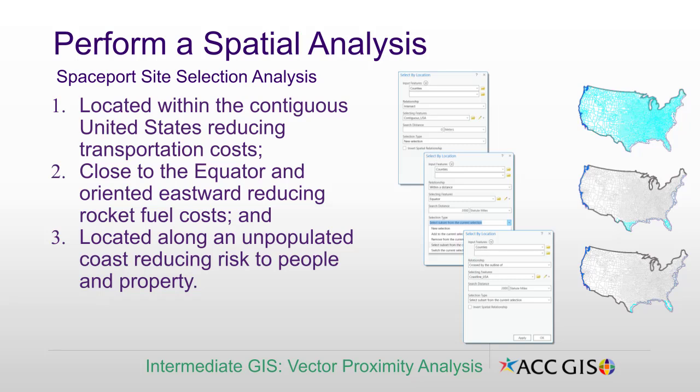Again, I'm going to set my selection type to select subset from the current selection. So it selects from the selected records in Texas, Louisiana, and Florida. And when I click Apply, I end up with a very small selection of counties in which SpaceX is willing to locate their proposed spaceport. Now, I manually walked you through this process utilizing the criteria and the individual steps with the Select by Location geoprocess.